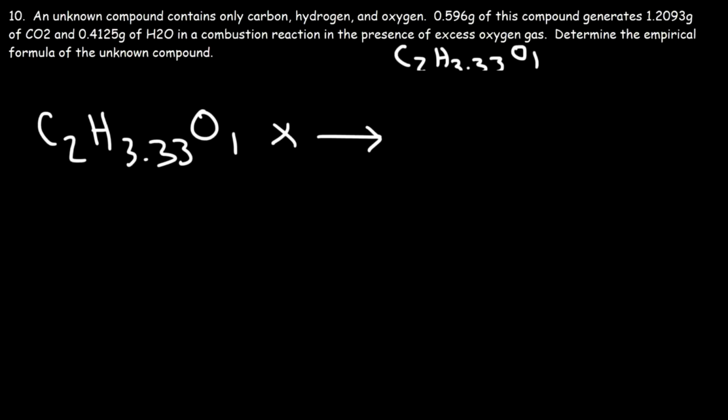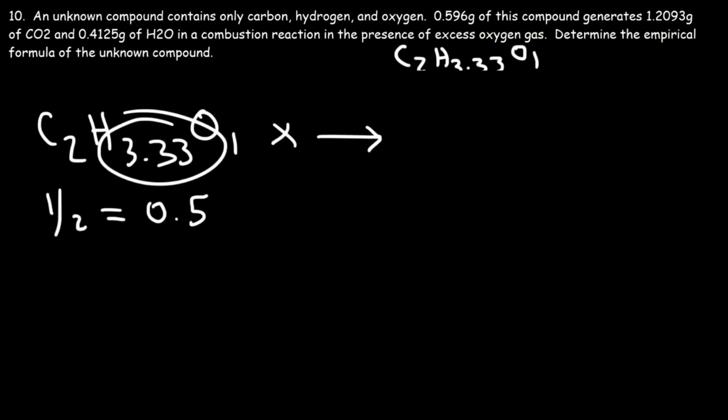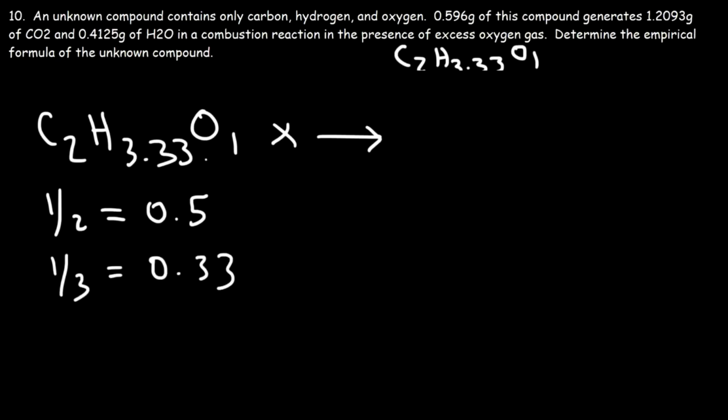But for other examples where it's not easily detectable, it helps to be familiar with fractions. 1 over 2 is 0.5. So if this was 3.5, I would multiply it by 2. 1 over 3 is 0.33. Since we have 0.33, I need to multiply everything by 3. But let's say if I had 0.25, I would multiply it by 4.